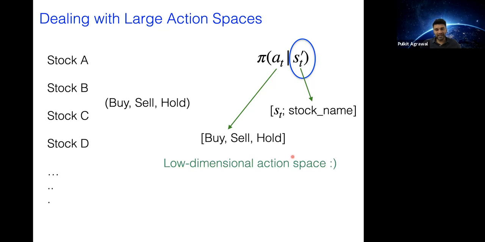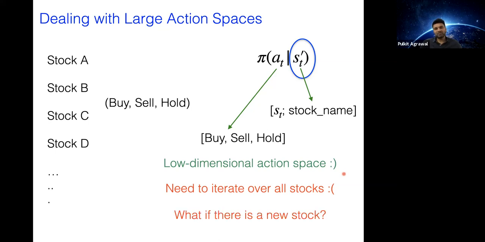So the action space ends up being low dimensional, but it also comes at a cost. The cost is that if I need to evaluate, for example, what stock I should buy or sell or hold, I would need to iterate over all possible stocks, so that I can compute what action to take for each stock one at a time. But maybe that's not too bad.